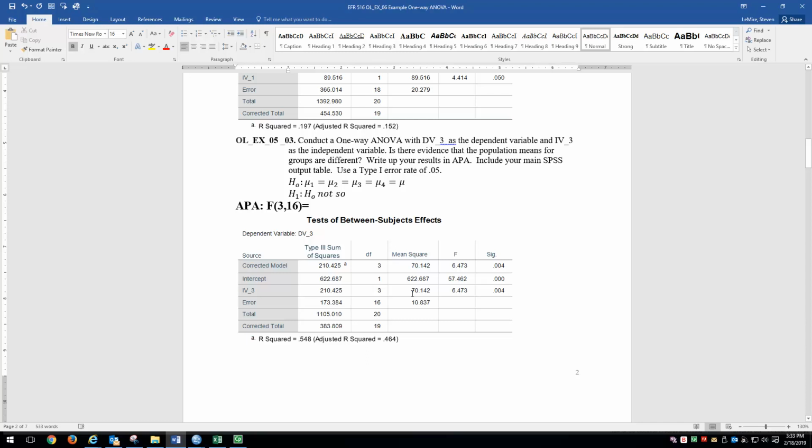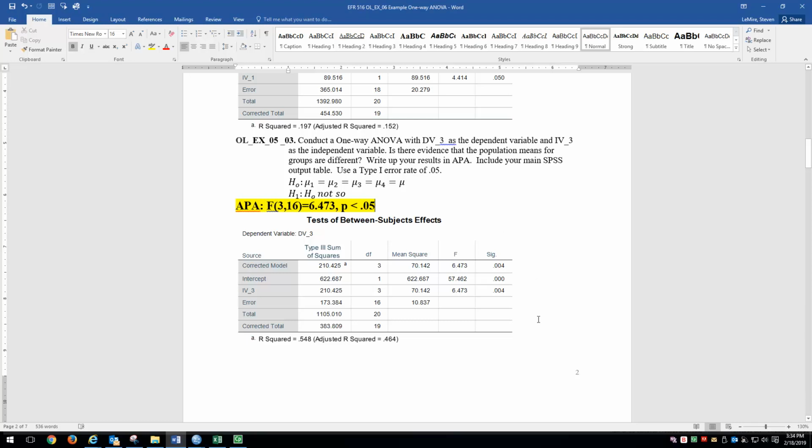It's 6.473, comma, p is less than 0.05. And I'll go ahead and highlight that. So that's all I'm looking for there. Reject the omnibus test of the null hypothesis, and we think there's something different in the groups here.